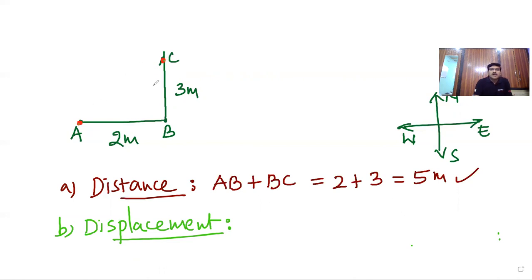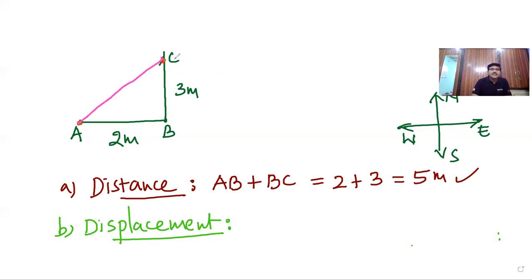Shortest distance, or simply the length of the straight line joining the initial point and final. Clear? Now here I join this by means of a straight line. This is the straight line completely joining initial and final positions. So AC is the displacement.